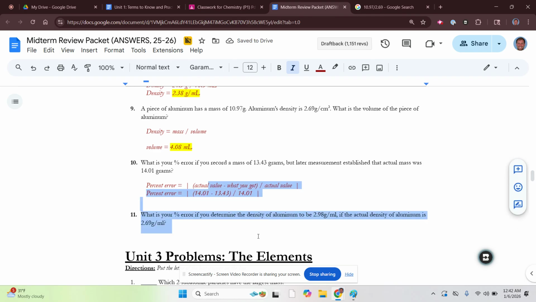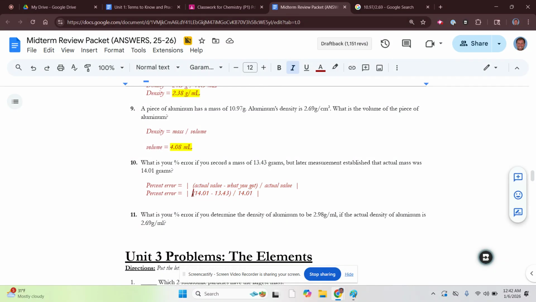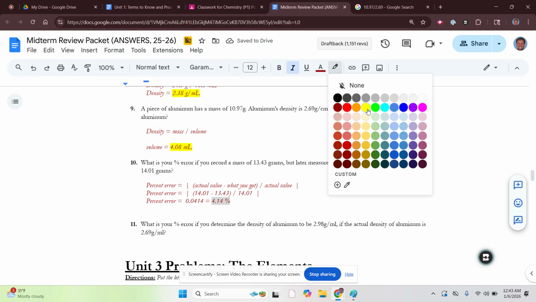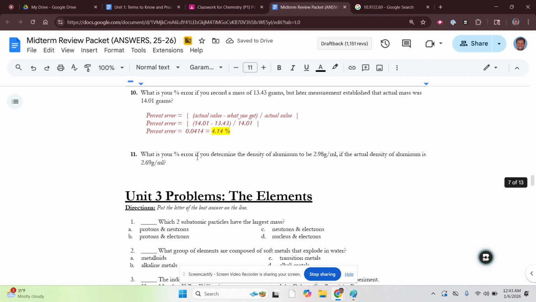So when I plug that into a calculator, I get 0.0414, which as a percent is equal to, bounce that decimal twice, 4.14% error. Hey, maybe not too bad. I don't know. Is it good? Is it bad? It depends on the circumstance, all right?